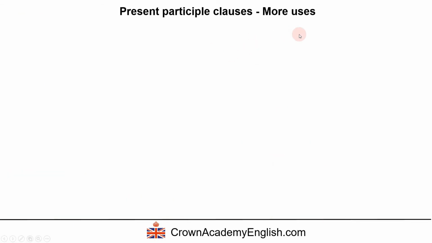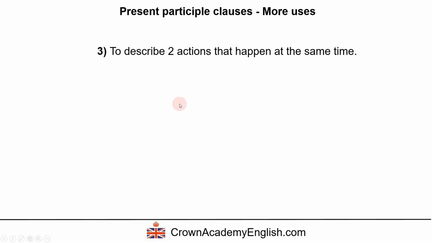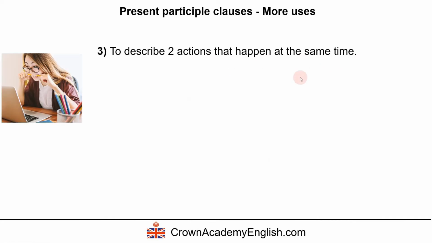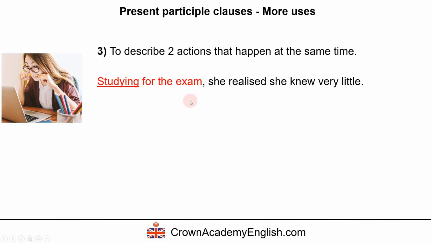More uses. Number 3, to describe two actions that happen at the same time. Studying for the exam, she realized she knew very little.